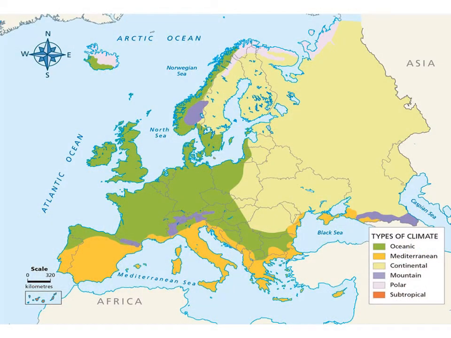This is a map. The only climates we haven't talked about are the high mountains, the Alps, the Pyrenees, the Scandinavian mountains, and the polar in the very north, which shares characteristics with the North Pole, and we will explain it. And of course, the subtropical in some islands, such as the Canary Islands.